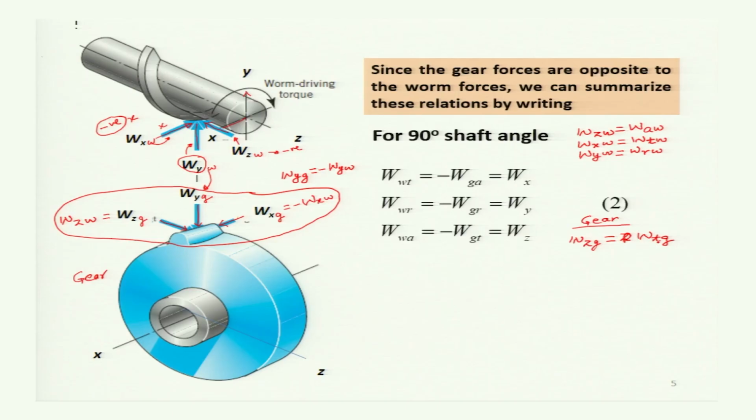The force acting along the y direction is Wy gear, which is equal to Wy worm but with opposite direction, and is acting radially. So Wy gear is equal to W radial gear.